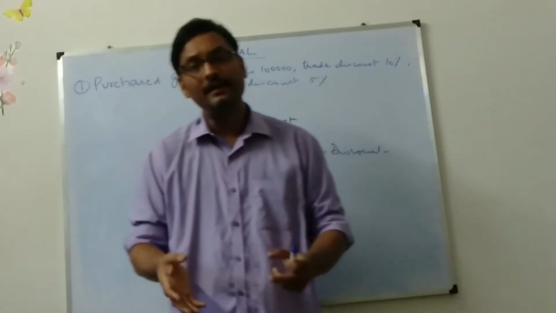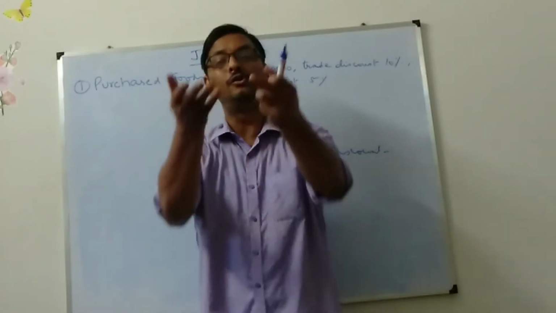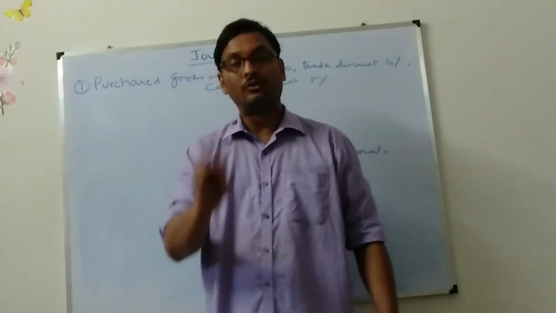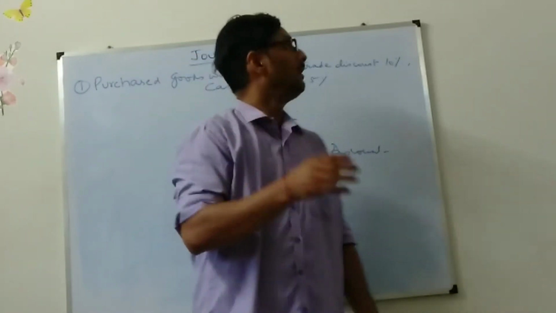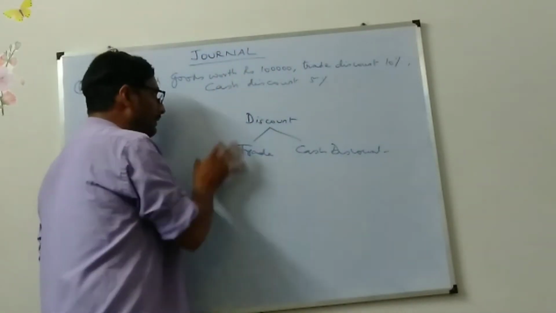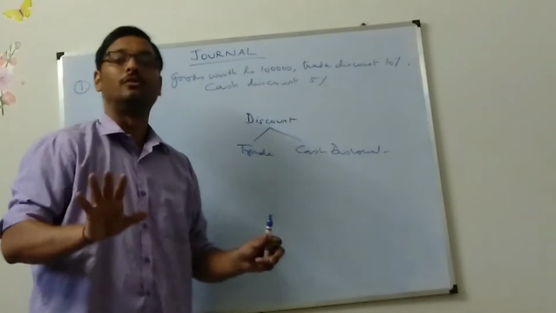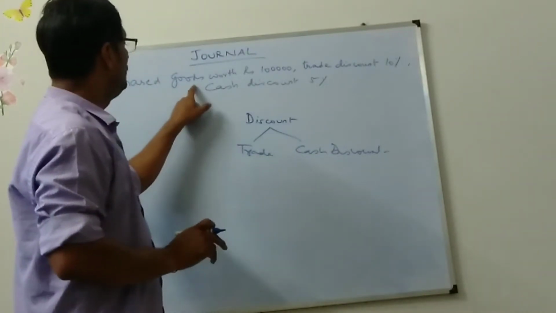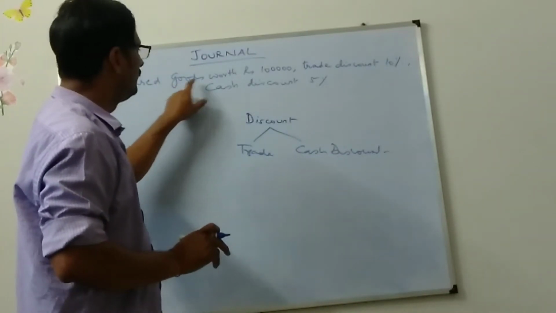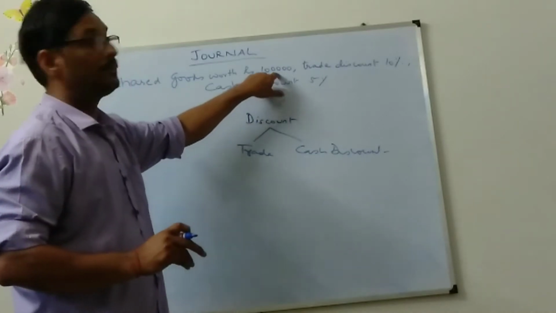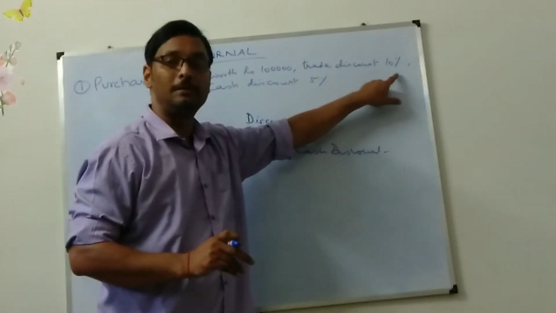So when he said you don't need to tell anyone, why would you tell anyone? So for trade discount, you don't need to write anything in the journal, and you have to deduct the value also. When you have bought these goods for 1 lakh, you have got a trade discount of 10%.